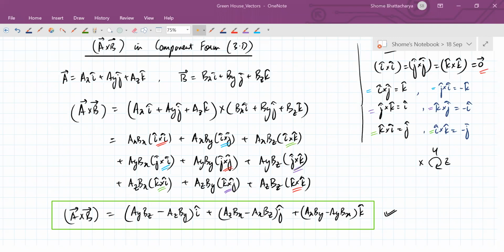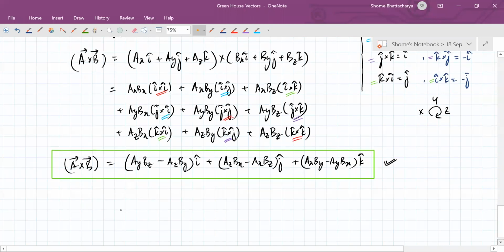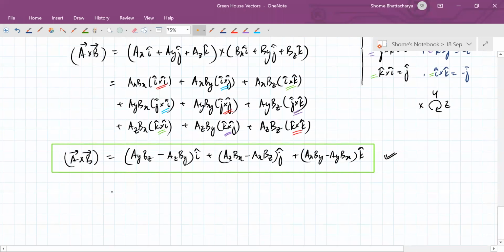So now you can see that this can be easily expressed as a sort of matrix. If you back calculate this, this term can be written as I cap into the matrix AY AZ, BY BZ.